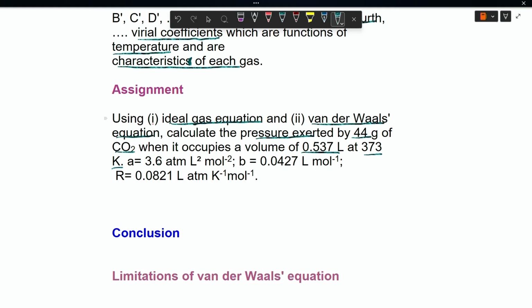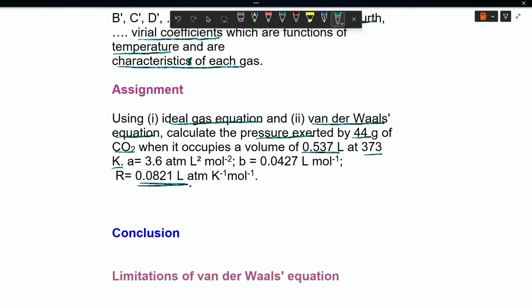Given that A equals 3.6 atmosphere liter square mole raised to minus 2, B is equal to 0.0427 liters per mole, and R is equal to 0.0821 liter atmospheres per Kelvin per mole. See, here R is given, it is not necessary that they should give it, since here it is in liters and atmospheres, the unit of R should also be in liter atmospheres per Kelvin per mole. This we will be discussing in the next session.